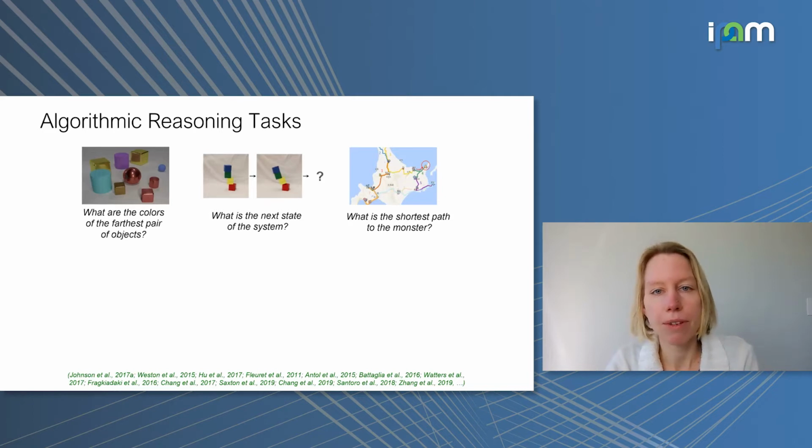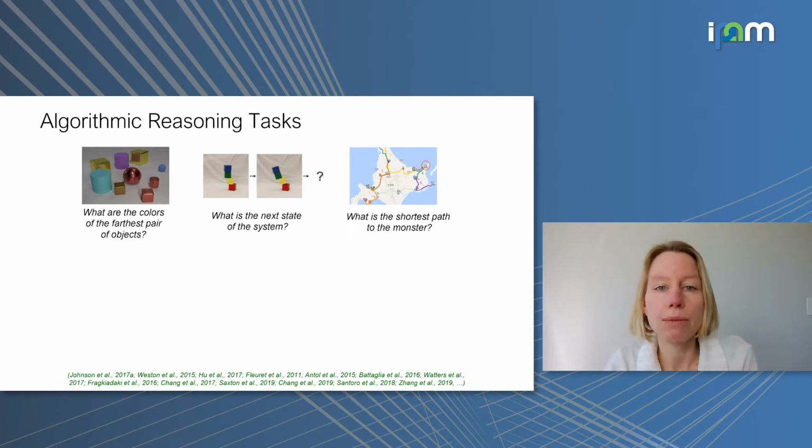And what is algorithmic reasoning? We already saw this in previous talks. It's essentially having a neural network learn a full optimization algorithm. So questions that you're trying to learn to answer are, for example, given a set of items, what are the colors of the farthest pair of objects?